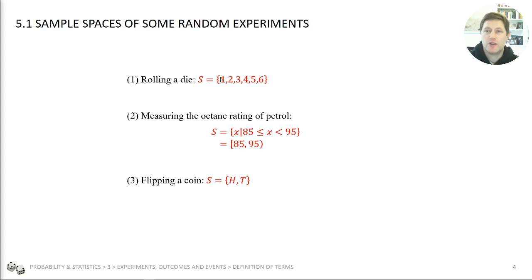In those cases we can write the sample space out just as a series of values, and there's a finite number of possible values. Whereas with something like an octane rating, this variable x is a continuous variable. It could have an infinite number of possible values, and so we have to define it in a slightly different way, with those limits.